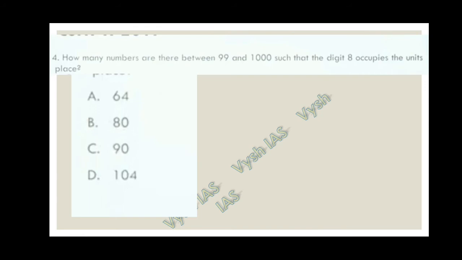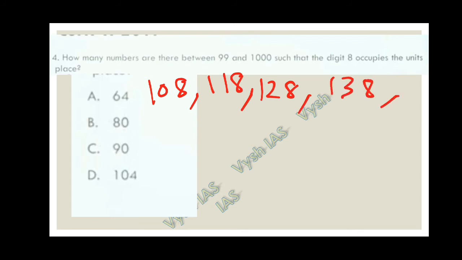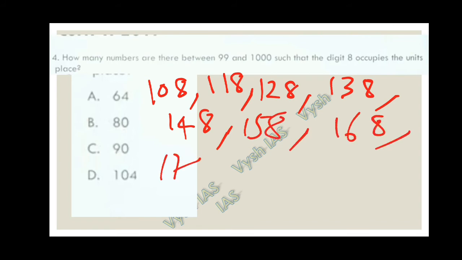From 100 to 199, the numbers are 108, 118, 128, 138, 148, 158, 168, 178, 188 and 198. So from 100 to 199 there are 10 numbers.